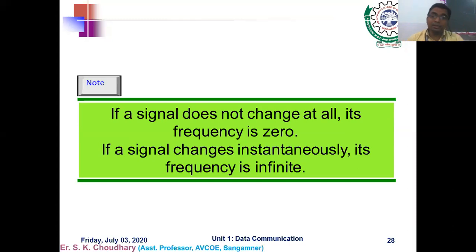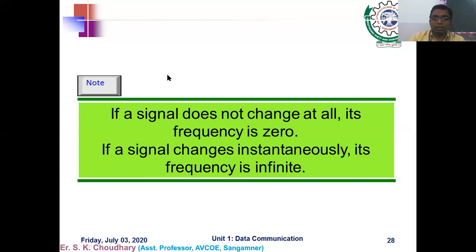If the signal does not change at all, the frequency is 0. If a signal changes instantaneously, its frequency is infinite. This is a very interesting relationship that we generally forget when we study, but it is very simple and will help you solve numericals.